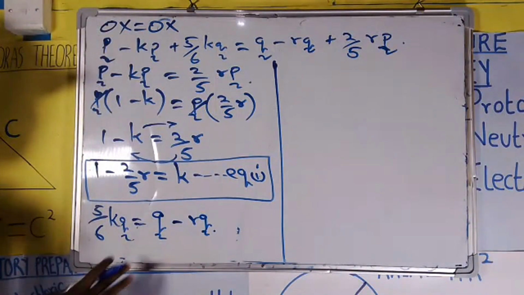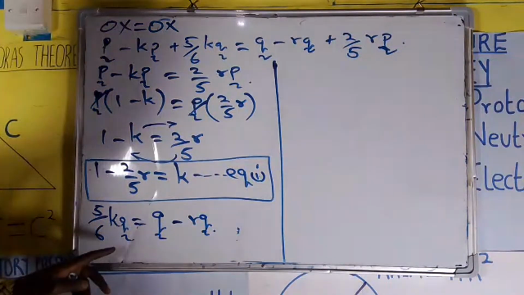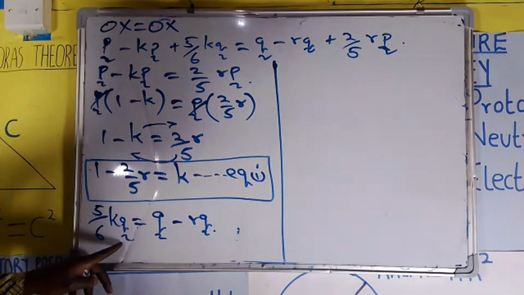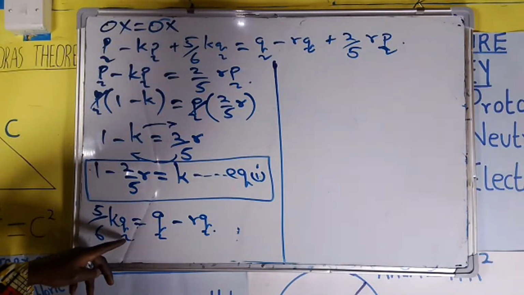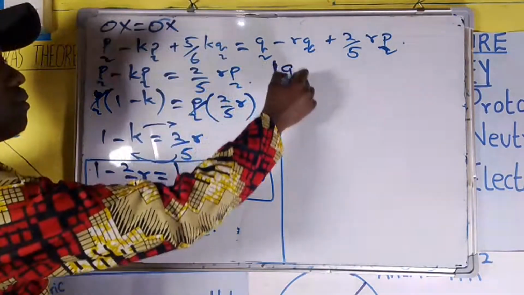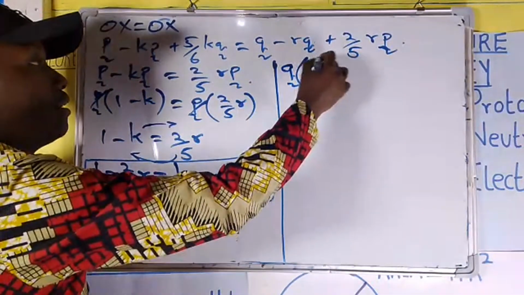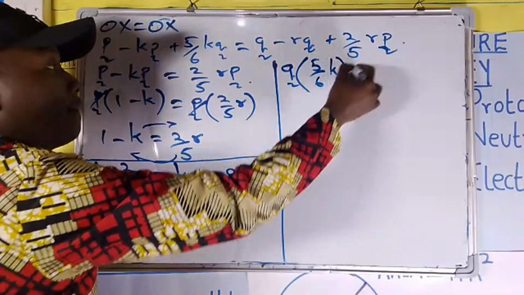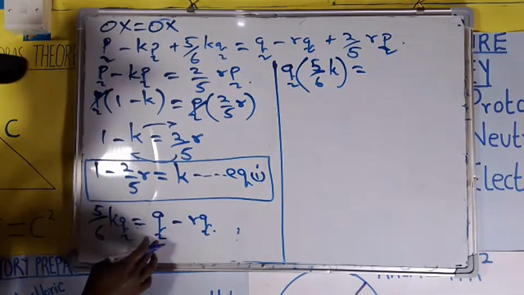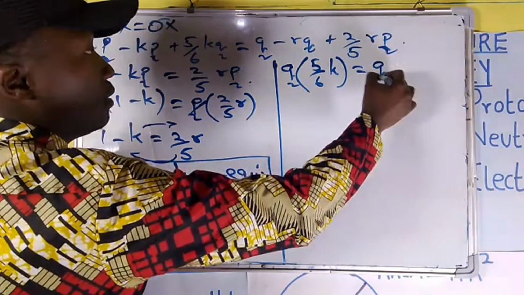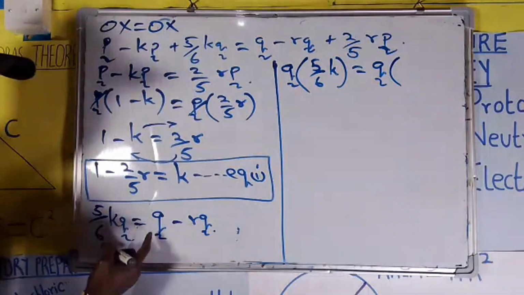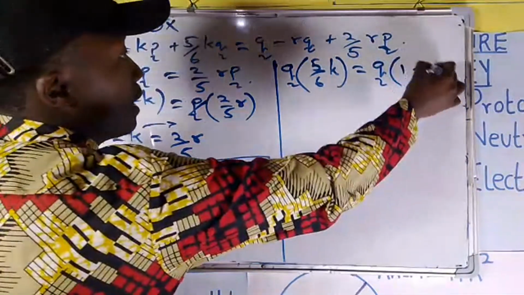So in this situation, we will factorize q again. And once we factorize q again, we are going to take q out and have 5/6k is equal to, we factor q out again and have 1 minus r.